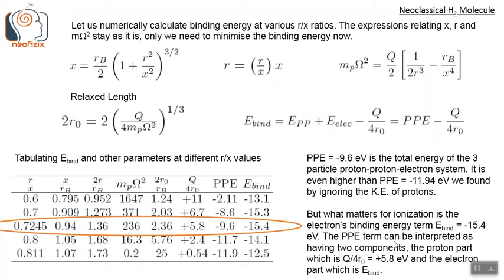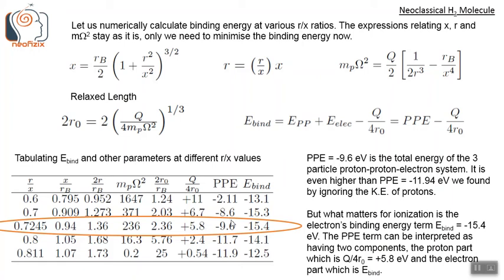The PPE term can be interpreted as having two components. One, the proton term, or the energy associated with the proton part, which is the kinetic energy q by 4 r naught, which in this case turns out to be 5.8 electron volts, and an electron energy part, which is shown as E bind, or minus 15.4 electron volts.